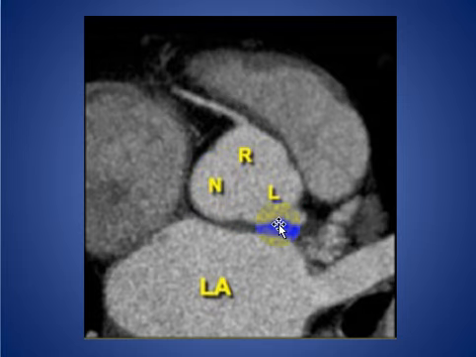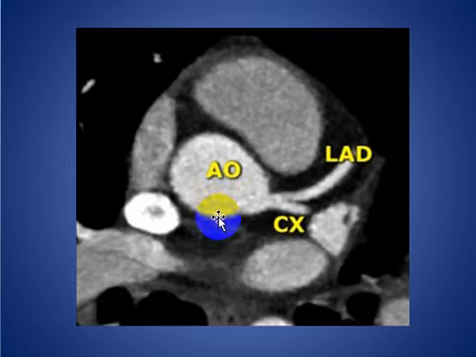The left coronary artery arises from the left one, and the right coronary artery arises from the right one. And the non-coronary sinus, no arteries arise from this.